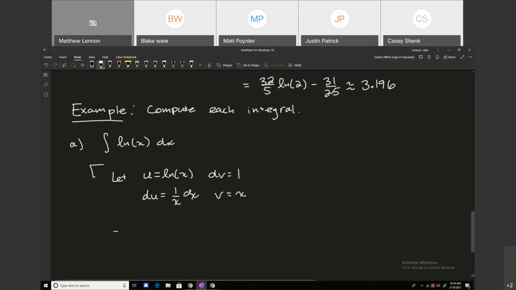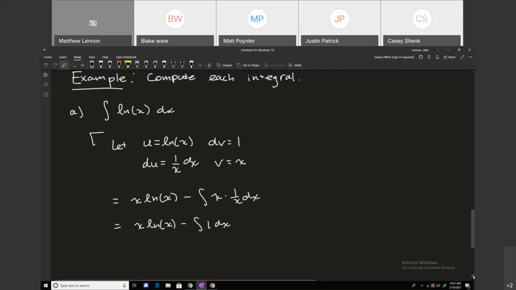And so when you do the integral, you get uv, which is x times the natural log of x, minus the integral of v times du, which is actually x times 1 over x dx. So you're getting x natural log of x minus the integral of 1 dx. And the antiderivative of 1 would be x. So you get x natural log of x minus x plus a constant.